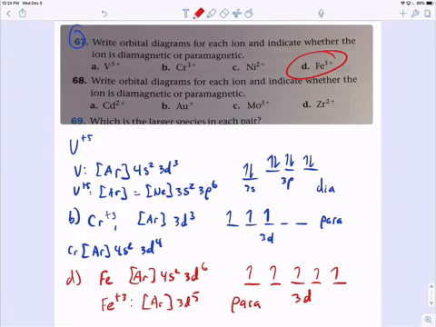Each row: hydrogen and helium are shell 1, lithium to neon are shell 2, sodium to argon are shell 3.